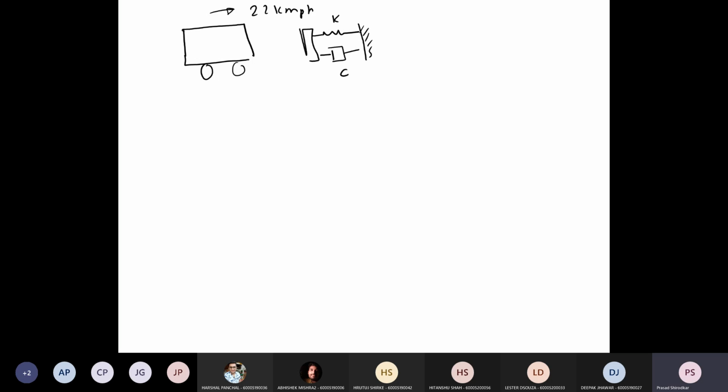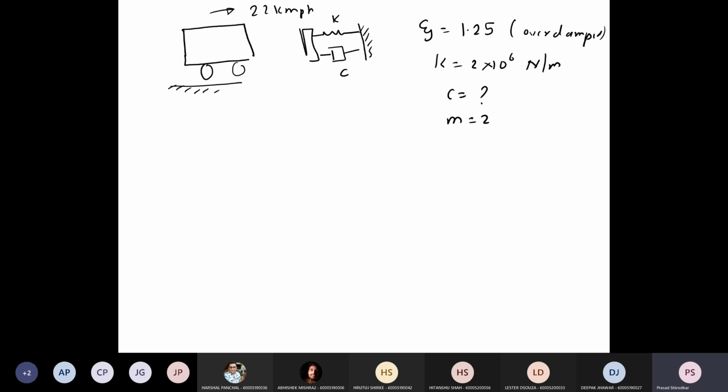Stiffness is K, damping is C. So zeta is 1.25, it is overdamped. K is 2 into 10 raised to 6 Newton per meter. C is what you will find out. Mass is 20 tons, so that is 20,000 kgs.